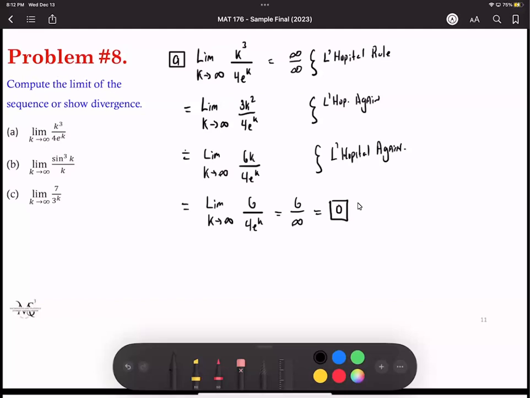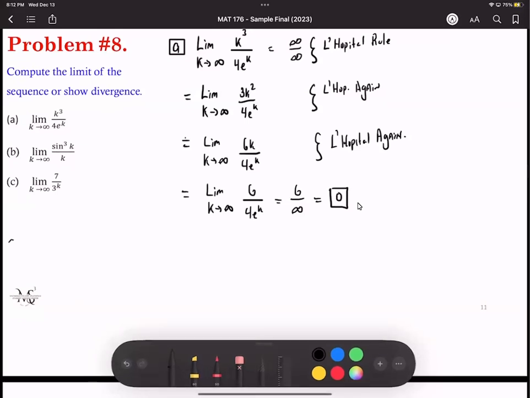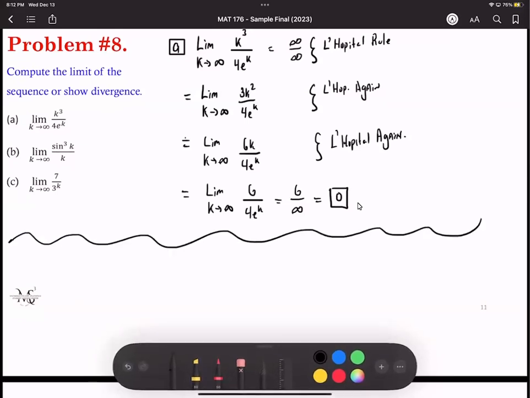Let's look at part B together. For part B, it states that we have the limit as k approaches infinity of sine cubed k over k. How do you think we're going to solve this? Yep, there you go, Alvin. You said it in the chat. We're going to use the squeeze theorem.